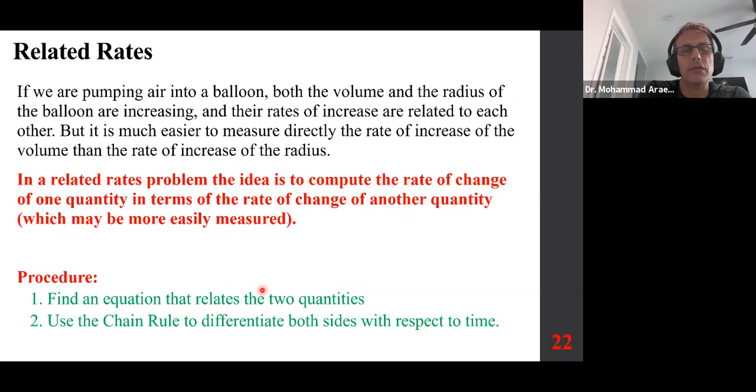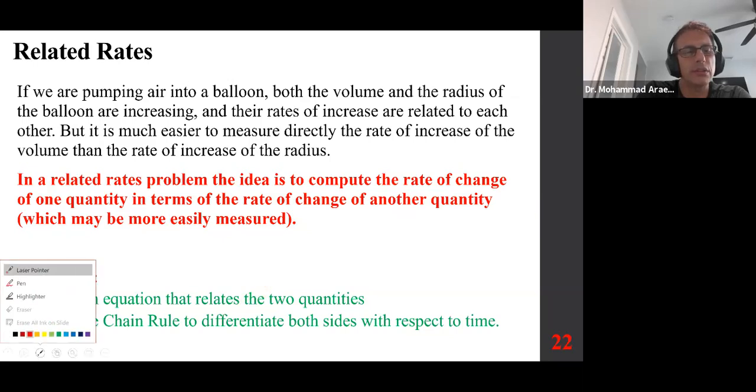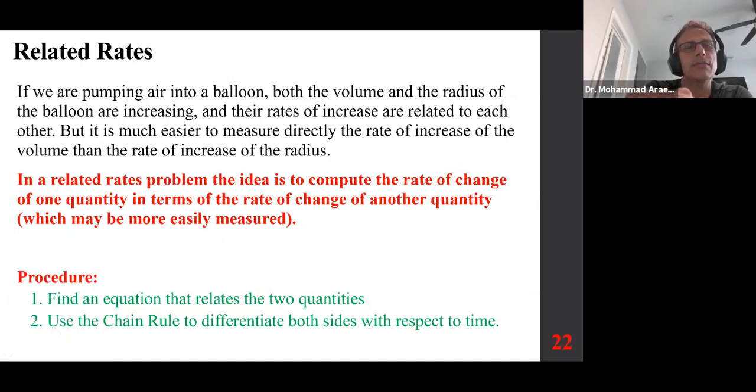Remember, in the case of related rates, the only independent variable is t. You differentiate, and everything is a dependent variable except t, and you come up with the answer.